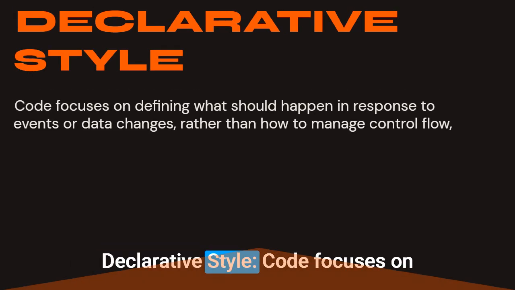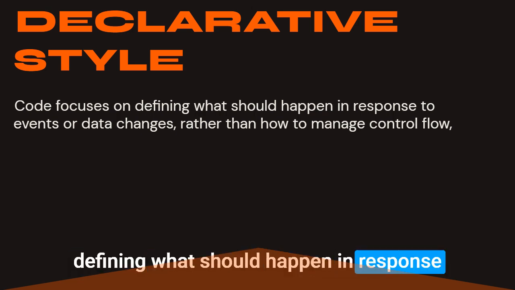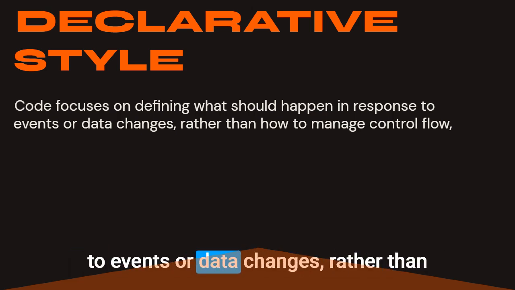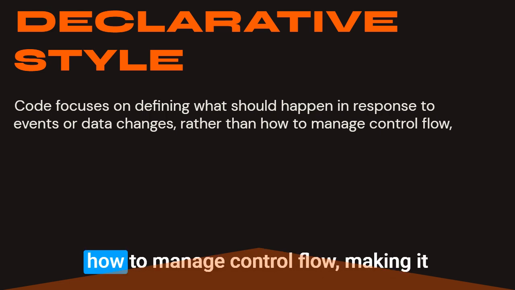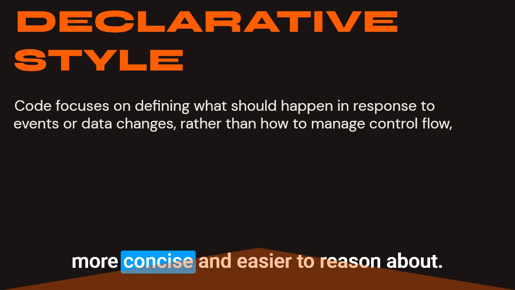Declarative style. Code focuses on defining what should happen in response to events or data changes, rather than how to manage control flow, making it more concise and easier to reason about.